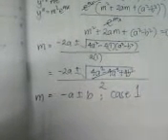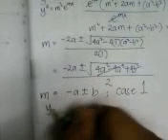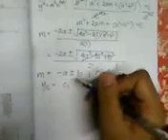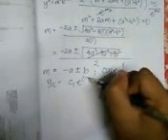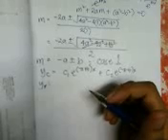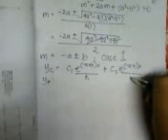So our complementary solution would be C1 e raised to negative a plus b times x plus C2 times e raised to negative a minus b times x. Solving for yp, or the particular solution, we consider this as our y1 and this as our y2.